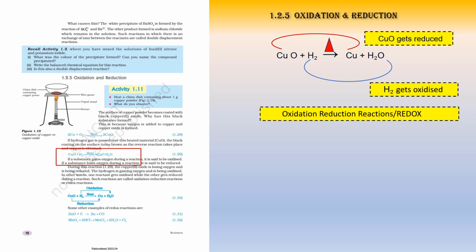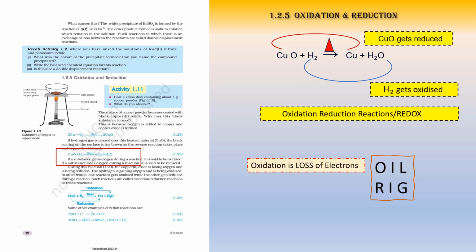Now, oxidation and reduction have just been defined as the loss of oxygen or the gain of oxygen, or maybe the loss of hydrogen or the gain of hydrogen. It can also be explained by another concept, that is through the help of electrons. And to remember that, you can remember this mnemonic which says OIL RIG. OIL stands for oxidation is loss of electrons, while reduction is gain of electrons.